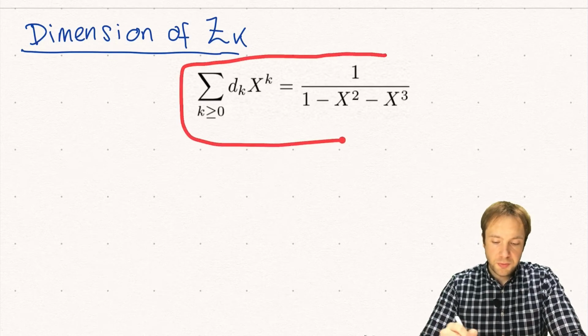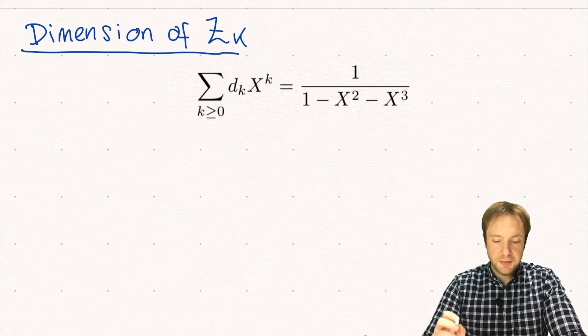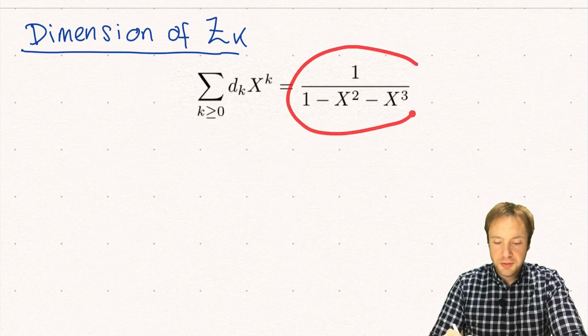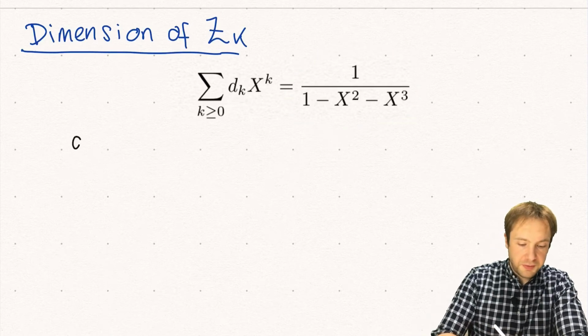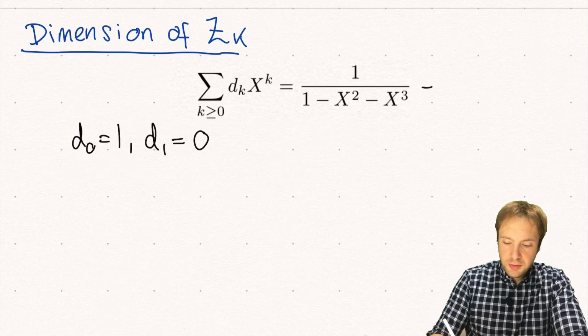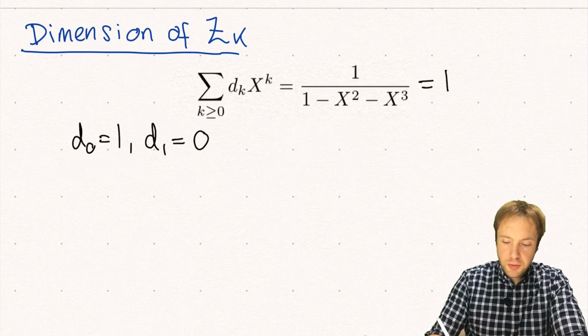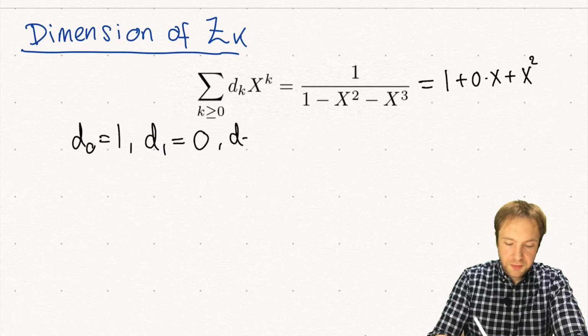So we want to define the generating series of these numbers dk by this rational function. If you work this out, you see, for example, that d0 is 1, d1 is 0, so this starts with 1 plus 0 times x plus x squared, so d2 is 1.